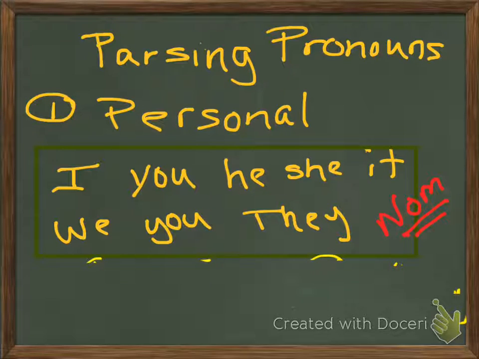Okay, so quick review of the types of pronouns we've learned. We've learned personal pronouns, possessive pronouns, relative pronouns. Those are the ones that introduce a dependent clause. Clause meaning that it's dependent. It can't sit by itself, but nonetheless, it has a subject and a verb as well.